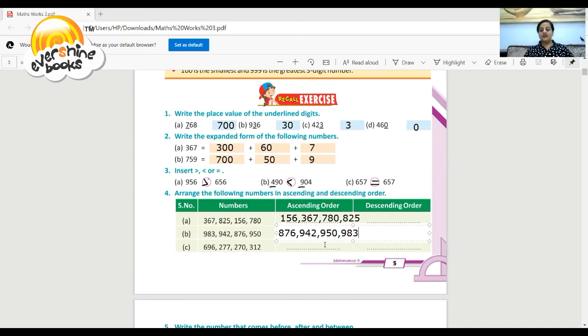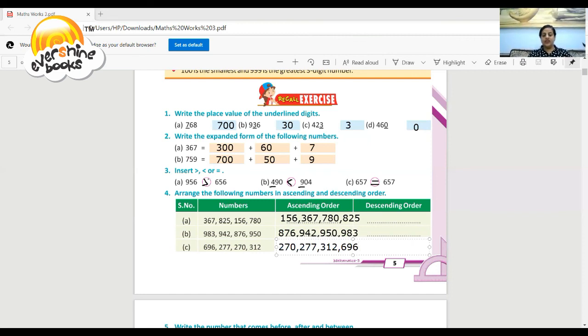So we will write in descending just the opposite of it. Next is 270 or 277. So 270, comma, 277, comma, 312, comma, 696.